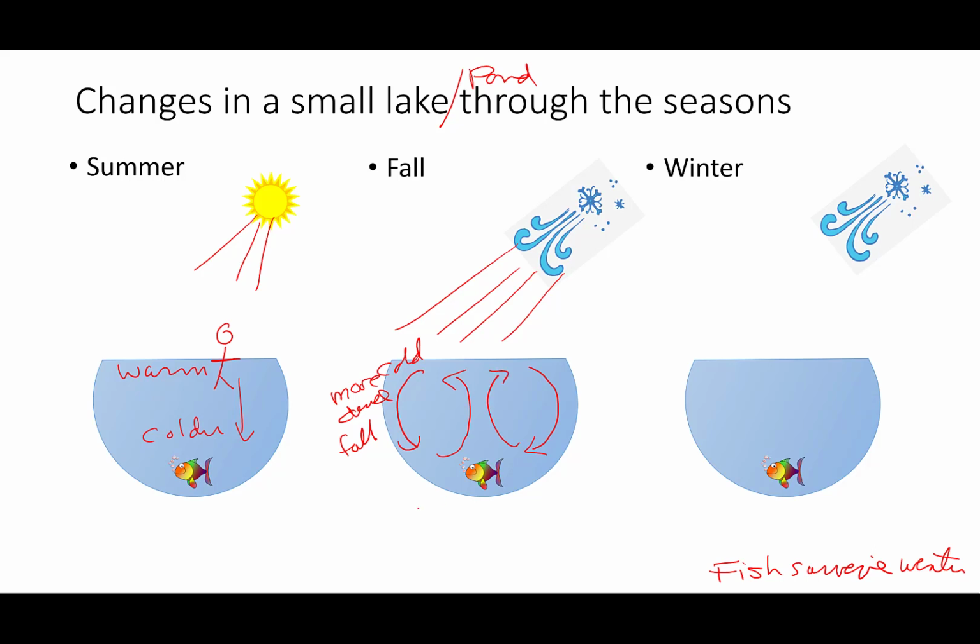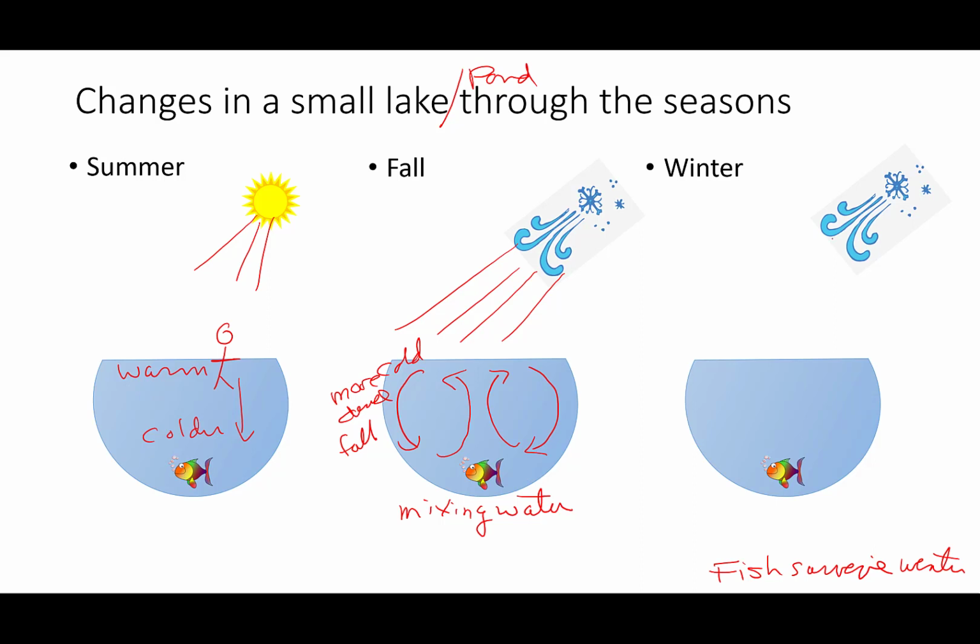So in the fall, there is a mixing of water that occurs, and the entire small pond or lake is going to turn over. You're going to have this big turnover. And let me just also say, this is assuming there is not a big underground spring feeding this, because that will change the fluid dynamics.